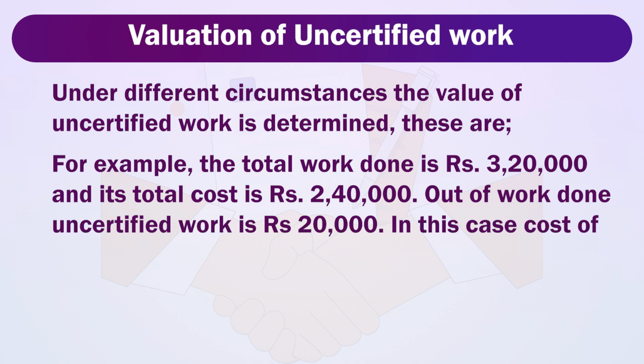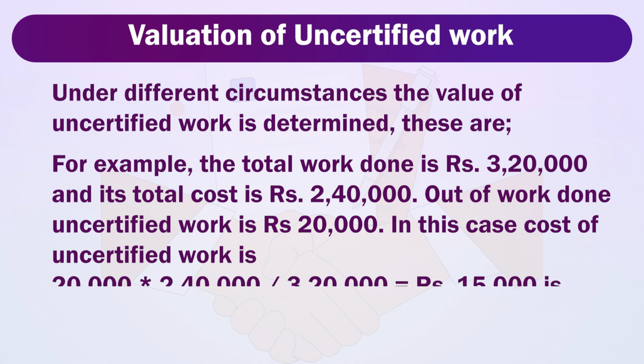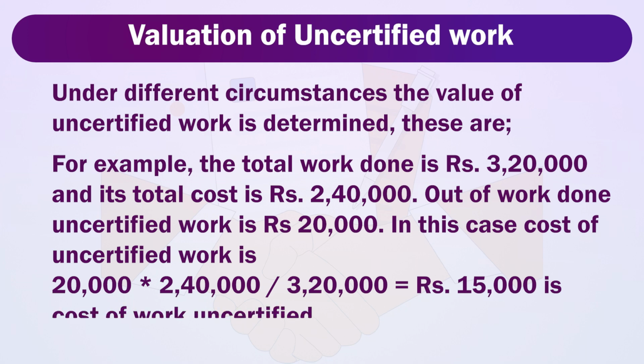Out of work done, uncertified work is rupees 20,000. In this case, the cost of uncertified work is 20,000 into 2,40,000 divided by 3,20,000, which is equal to rupees 15,000. It is the cost of work uncertified.